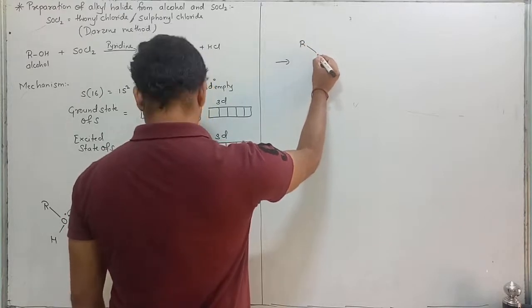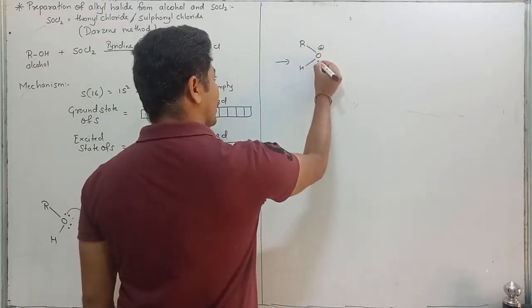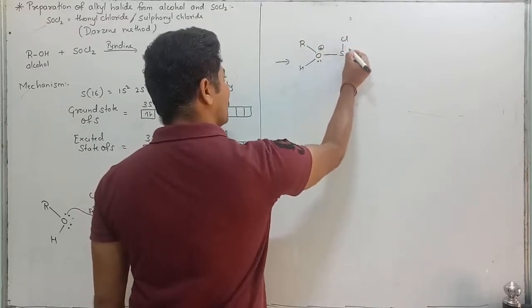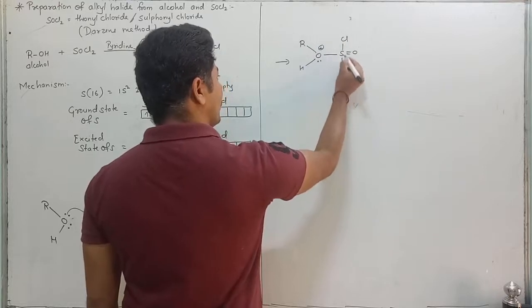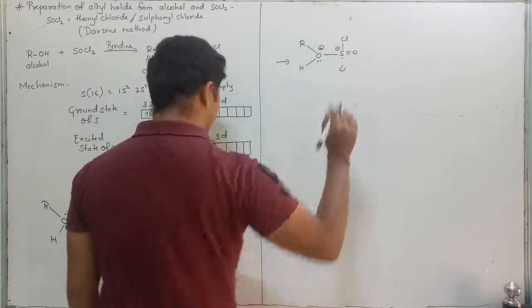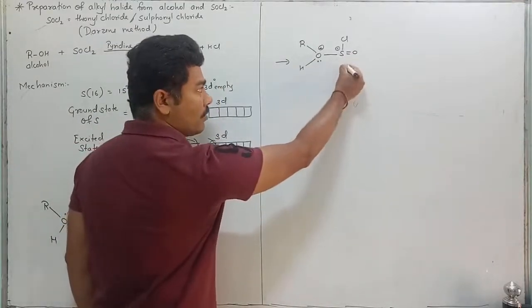R O H positive charge, 2 electrons, single bond sulfur, single bond Cl, double bond O, single bond Cl, negative charge. Sulfur has donated the electron to Cl. How many? 1 electron.